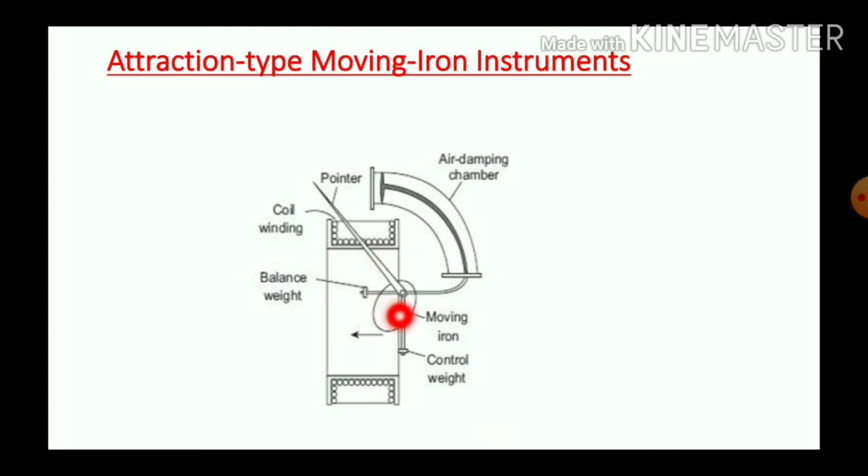At that time, the moving iron is placed in a magnetic field. Definitely, the iron piece will be attracted towards the magnetic field, and the pointer is connected to the moving iron piece, so the pointer starts deflecting.